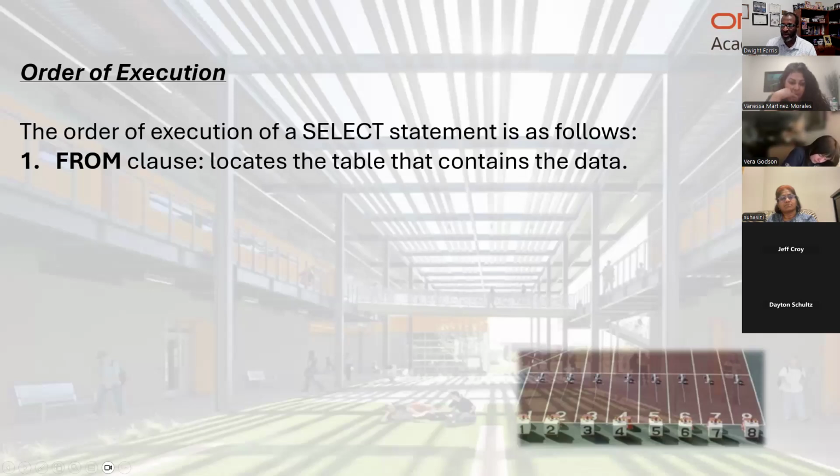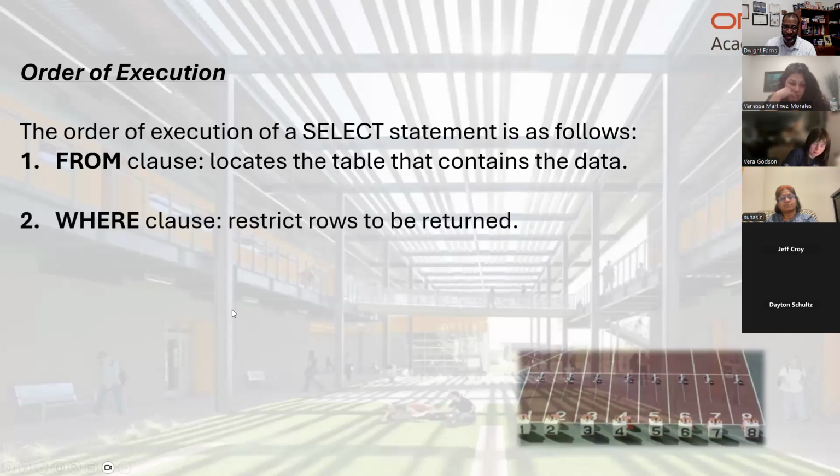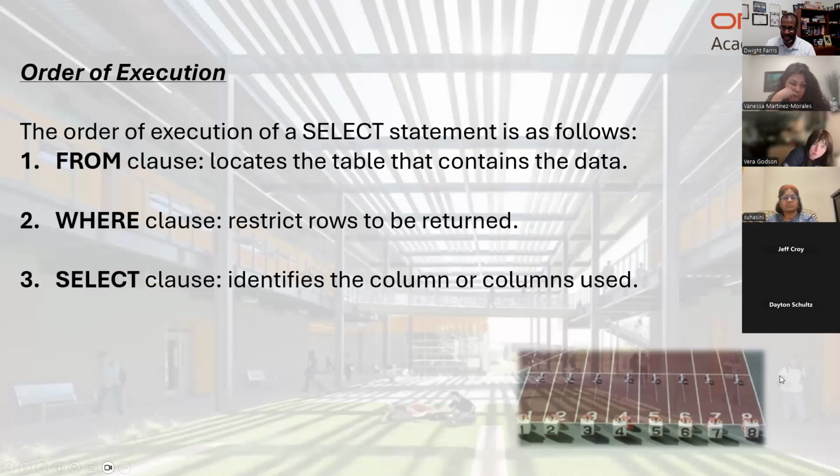Then it reads the where clause. If you think about it, you want to validate the table first before you try to validate the columns. And if there are some restrictions, you want to make sure that's valid as well, whether it's columns, logical operators, etc. So the from, and then the where, and then the select. The select is usually evaluated last because the table and the columns or the conditions have already essentially been recognized and validated.